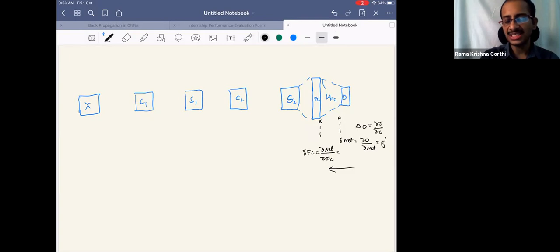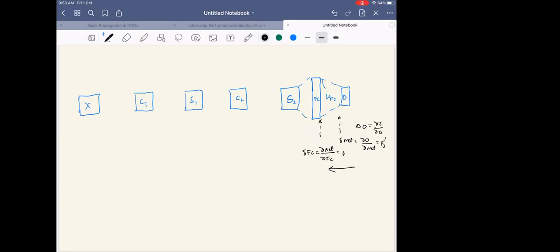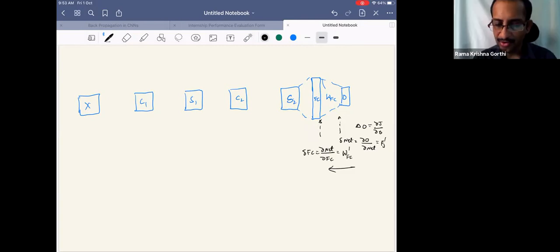Just to get an initial start, we will use it, and remaining things we will not define right now itself. Dou net by dou FC is how much? WFC transpose. Yeah, very good, WFC transpose. Okay, we know that net is equal to WFC into FC.